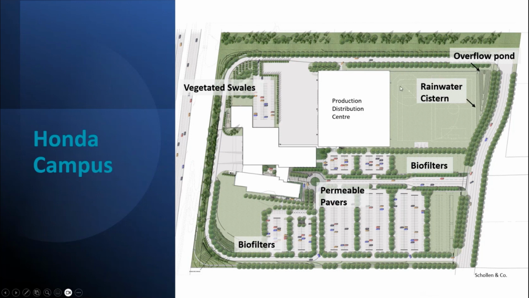This is where, from the large production distribution center where the cars are developed and distributed, this pipe underground relays right here to this rainwater cistern that we showed that picture of with that huge excavator in the background. This can hold tens of thousands of liters of rainwater, which can then be used for the on-site soccer field and baseball diamond, as well as the surrounding vegetation on site.